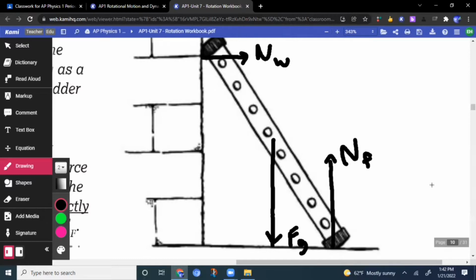Which way is the ladder sliding at the bottom relative to the floor? Away from the wall, which means shouldn't friction be opposing that? Friction's going which way? To the left. And they had us label it kind of weird. They had it labeled as F sub F, but that's our friction force.